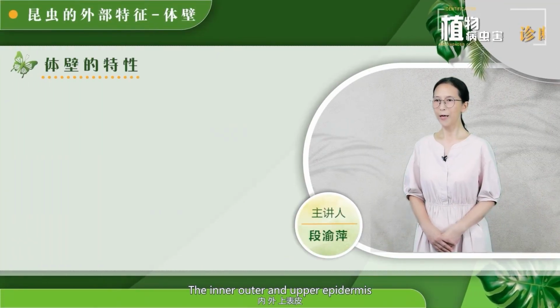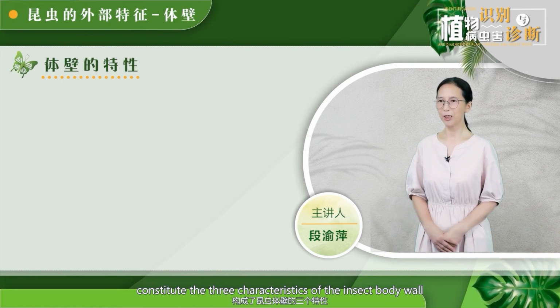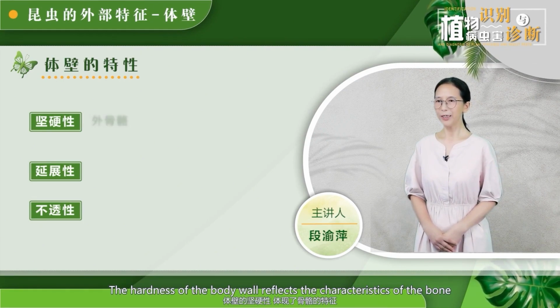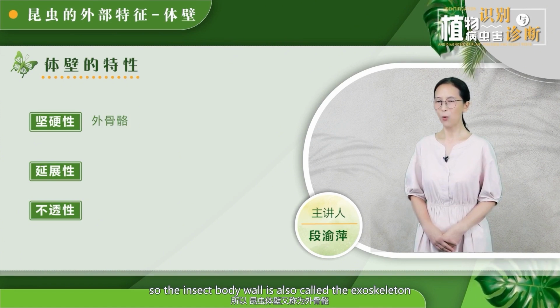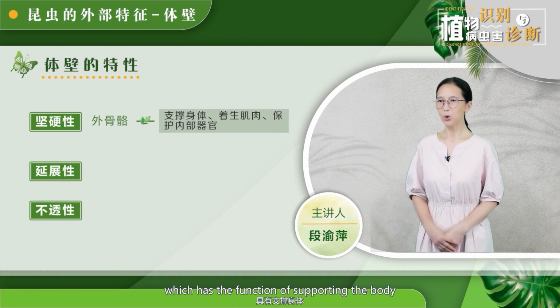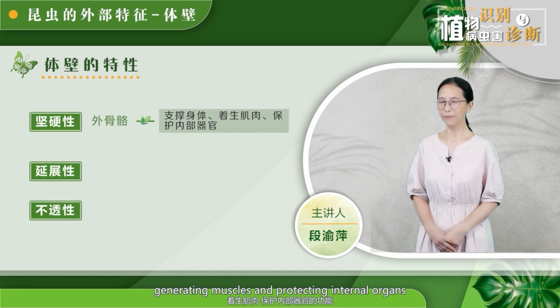The inner, outer, and upper epidermis constitute the 3 characteristics of the insect body wall: malleability, hardness, and impermeability. The hardness of the body wall reflects the characteristics of the bone, so the insect body wall is also called the exoskeleton, which has the function of supporting the body, generating muscles, and protecting internal organs.